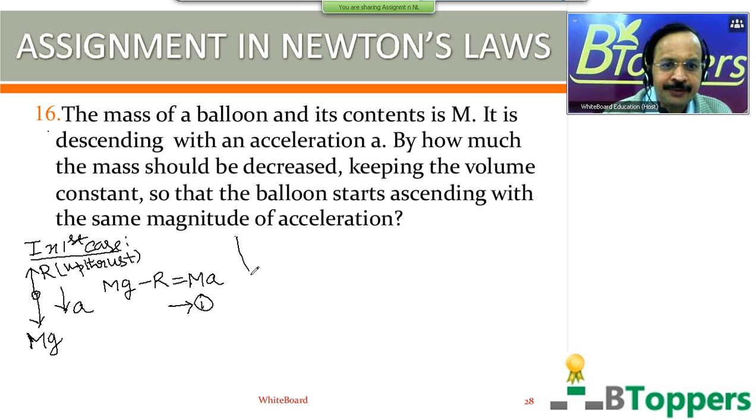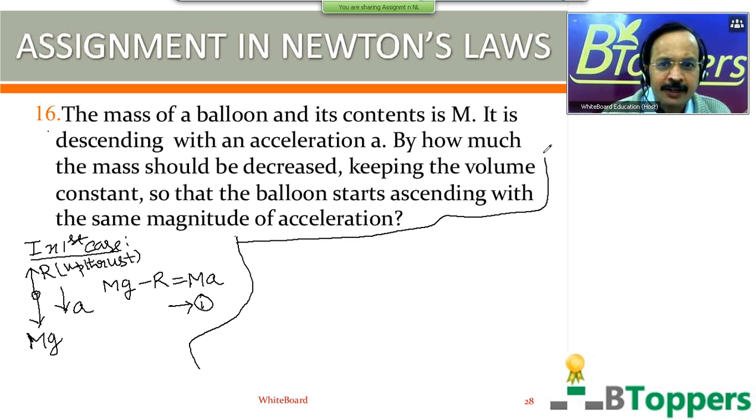In the second case, you are asked to find the mass that should be removed or detached from the balloon so that it begins to move upward with the same magnitude of acceleration.